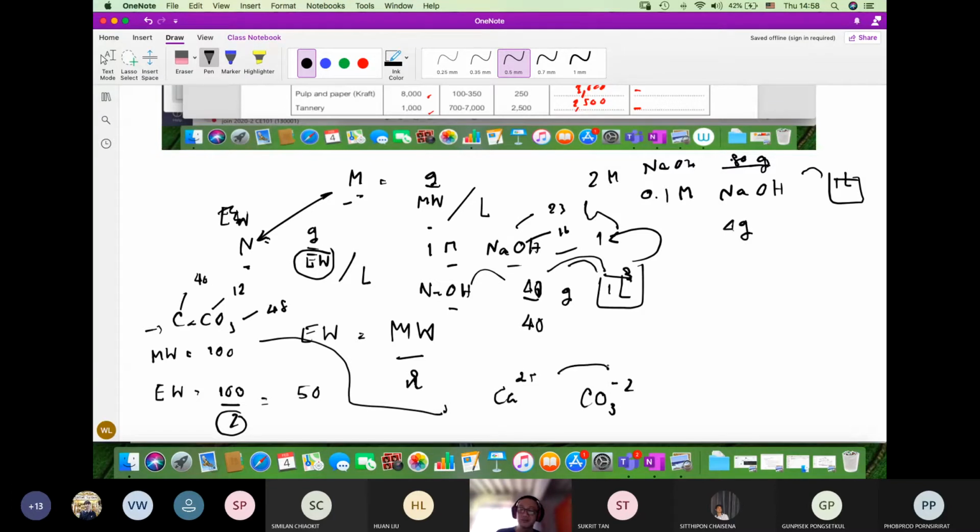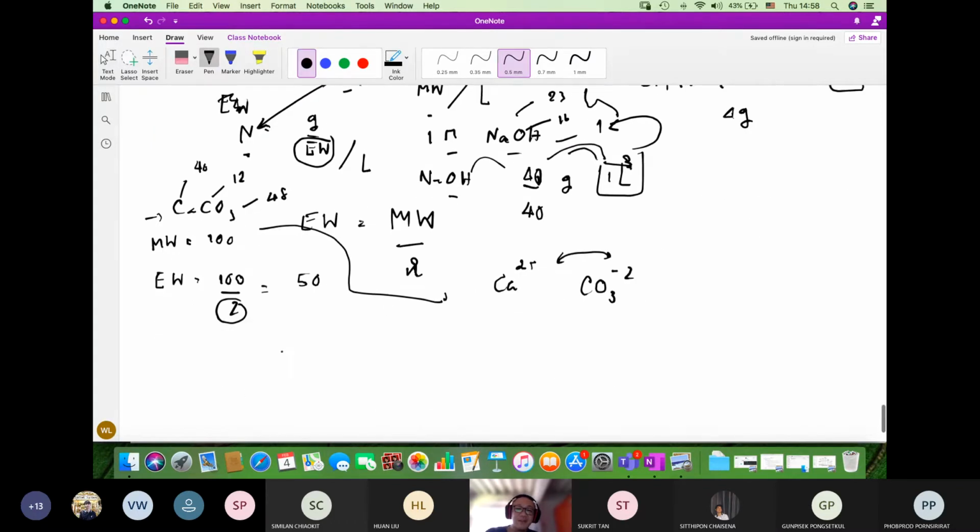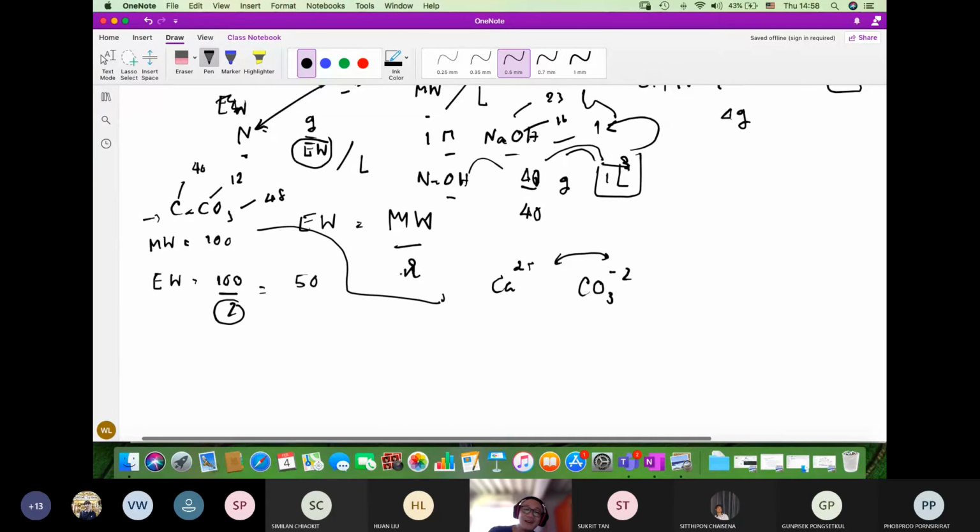So 2 charges exchange with each other, positive and negative. So we have to divide by 2. Then the equivalent weight becomes 50. So the number we divide by means the number of charges exchanged, in this case.